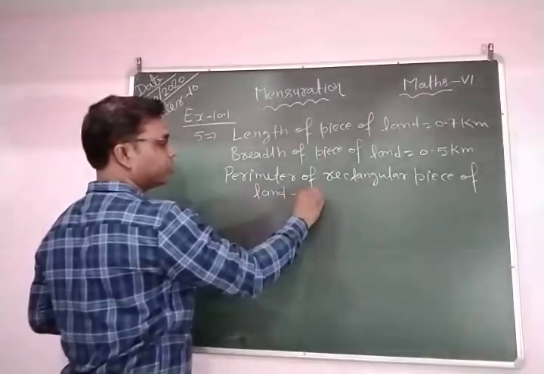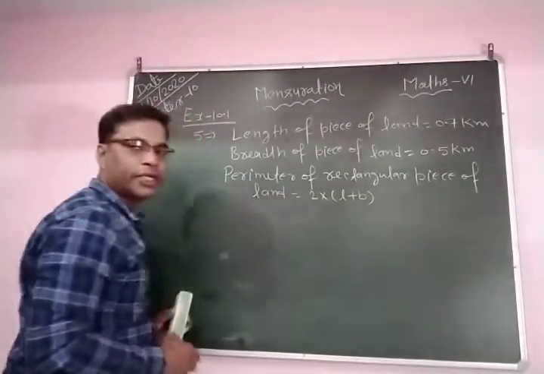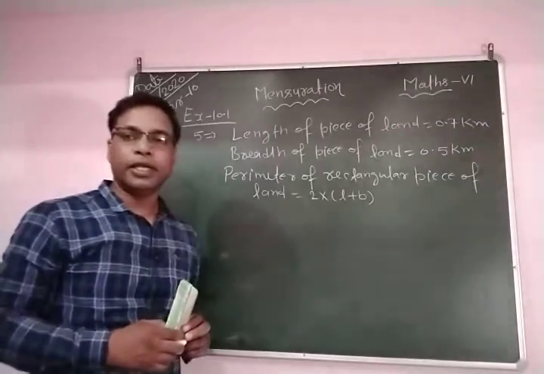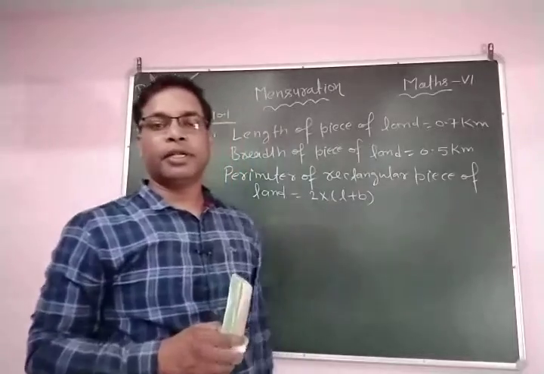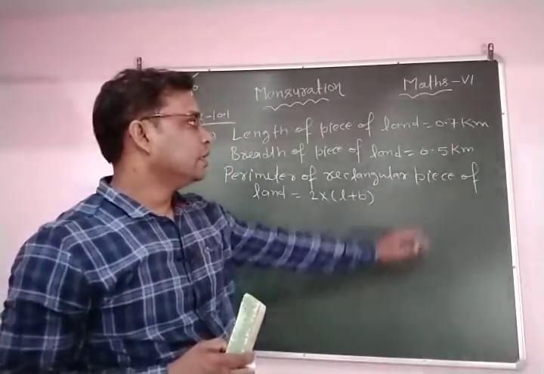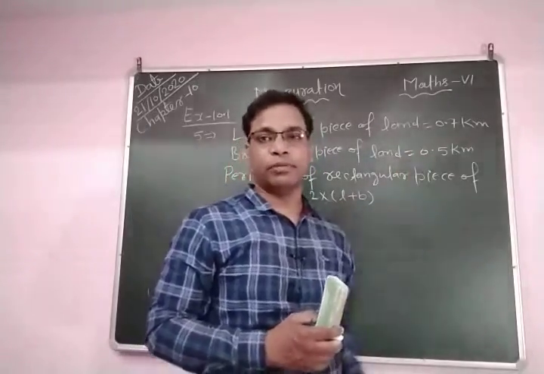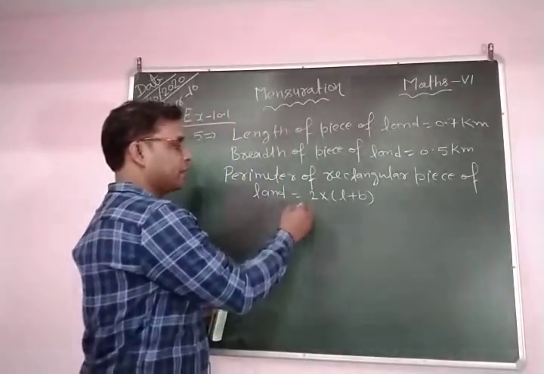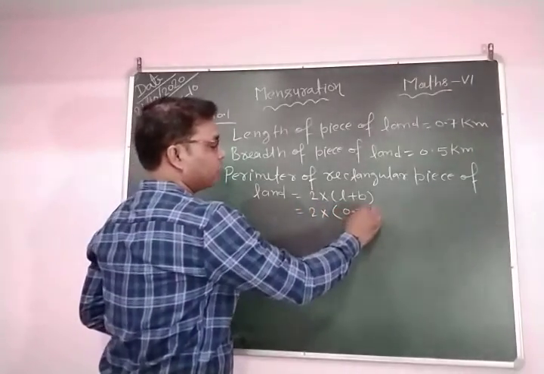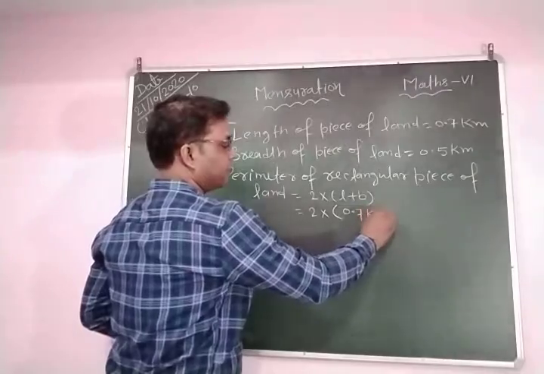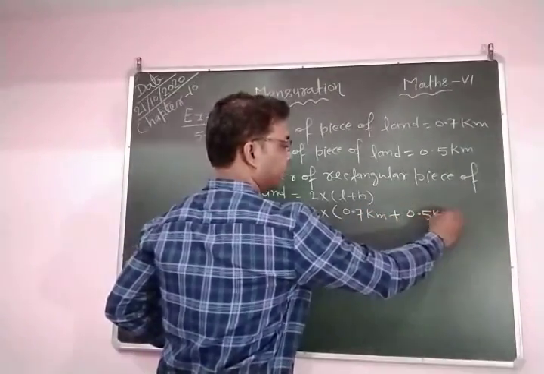This is equal to 2 into L plus B, where L represents the length of the piece of land and B represents the breadth of the rectangular piece of land. This is given, length is 0.7 kilometers and breadth is 0.5 kilometers. Okay, so we put here the values of length and breadth. This is equal to 2 into 0.7 kilometer plus 0.5 kilometer.